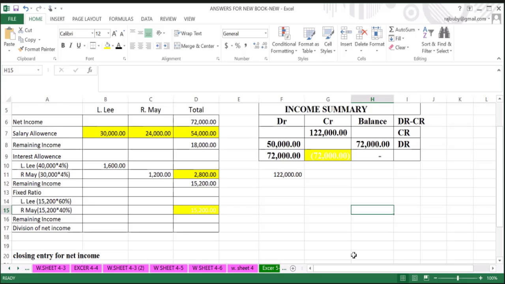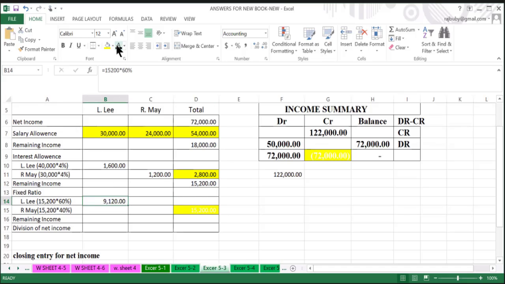Then you are going to calculate the profit ratio. Lee, you get 9,120, and May 6,080.